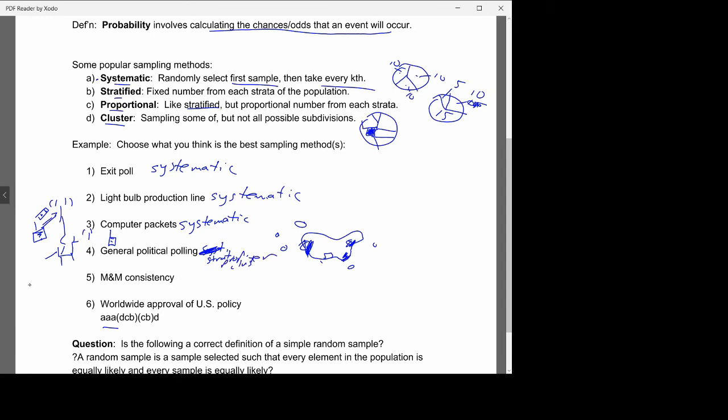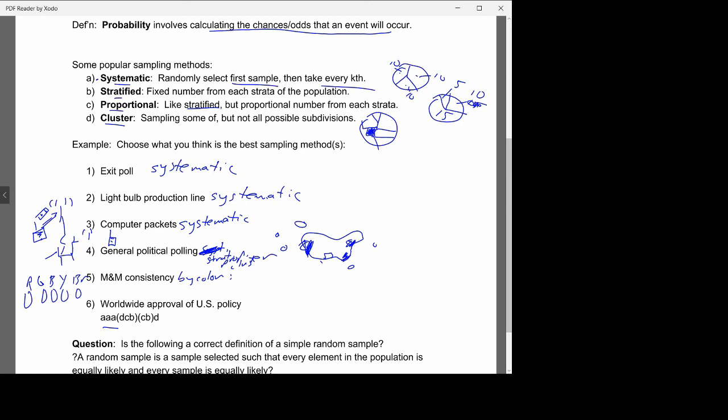Let's say in this case for M&Ms we have red, green, blue, yellow, brown, by color. We'll do it by color, make it interesting. So here, you may not want to do systematic because they may be coming in, and you don't want to accidentally check every red one or every green one or something like that.